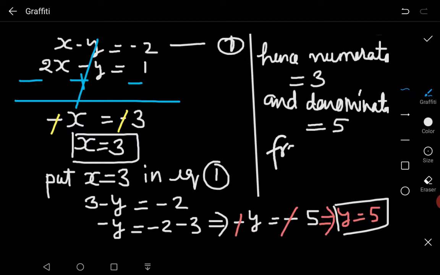Now the required fraction will become numerator upon denominator, and that is 3 upon 5. Okay, so here your fraction has come out as 3 upon 5. So this is the second question, first part, and let us do the second question, second part.